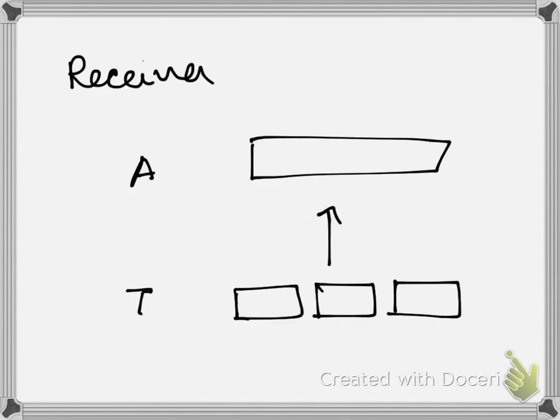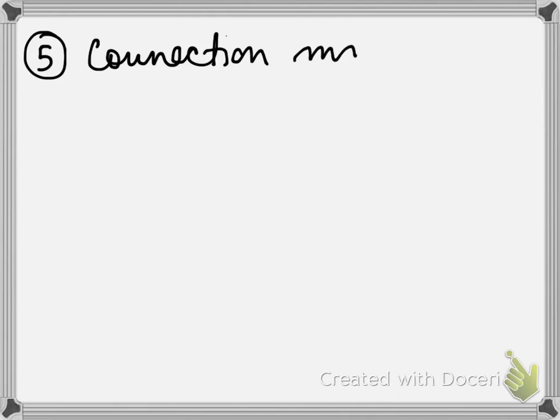And the last, that is number 5, which I should have mentioned actually earlier, that is connection management. So establishing connection and releasing connection. When a connection is made between the source and the destination, the transport layer must ensure that the sender is ready to send and the receiver is ready to receive.